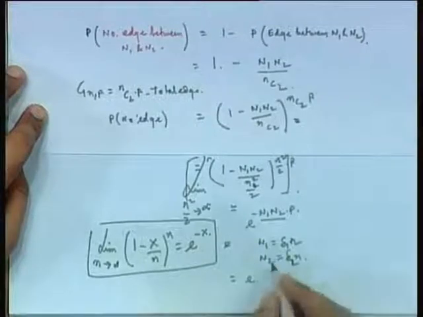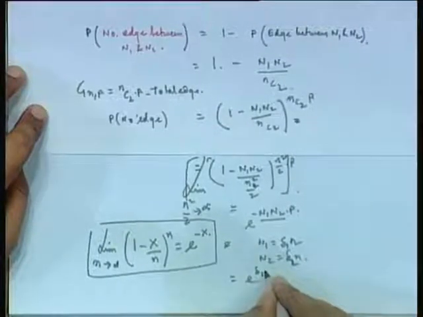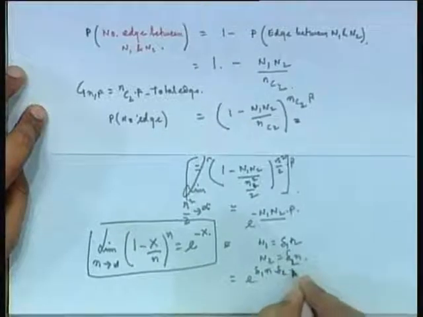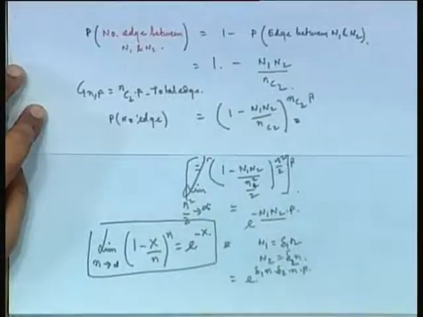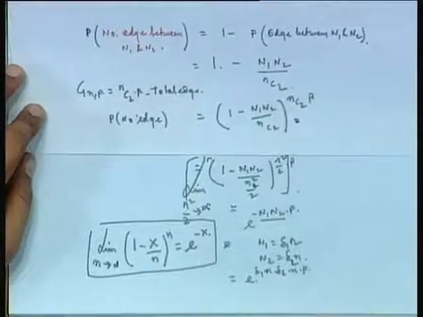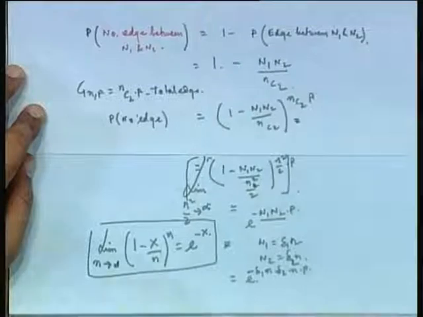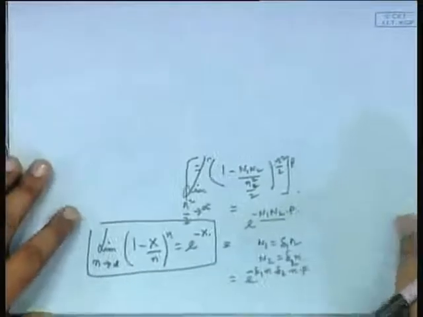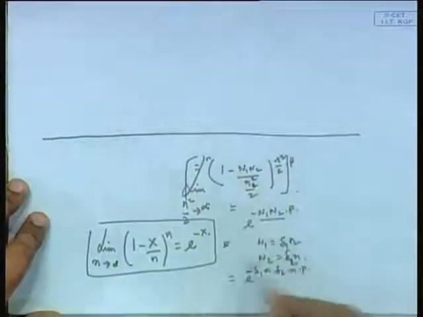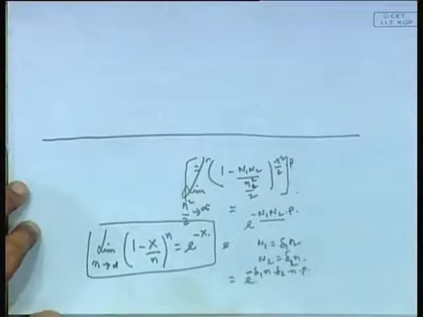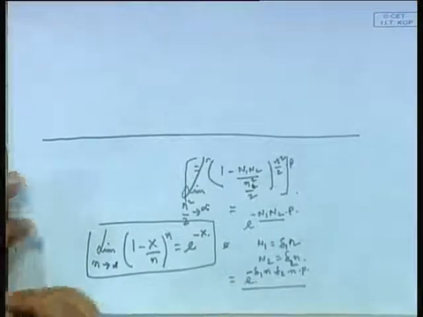So, this is e to the power minus lambda 1 into n, lambda 2 into n into p. No problem. Clear? Yeah, sorry, there will be a minus. Okay. So, now taking this, I go here.